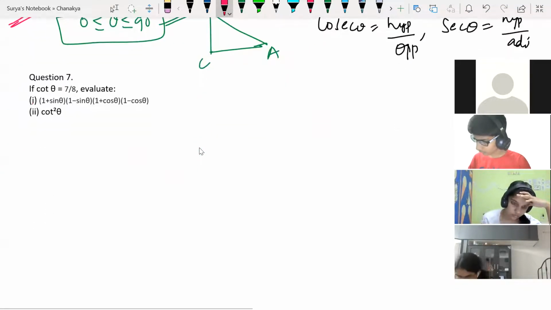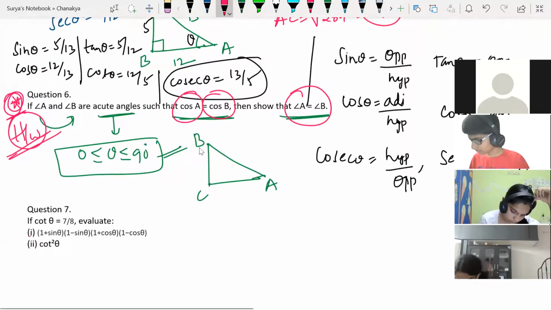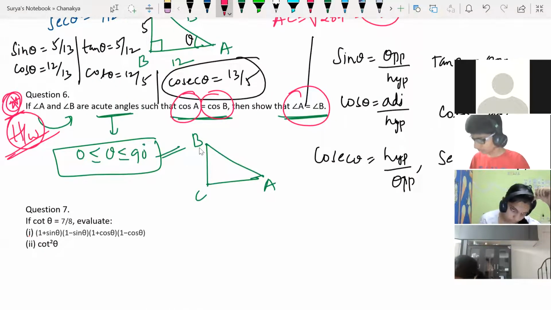Chalo, seventh question. Make it fast, solve the seventh one. And if you want, you can also make the sixth one fast. We have given a hint. Tell me how many of you are going to solve this. Sir, I solved it. Very good. What about others?